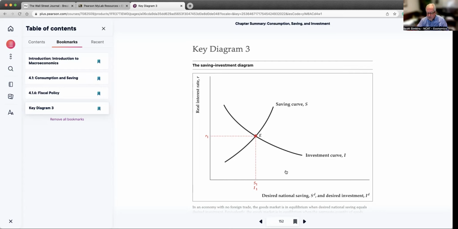And that's the translation from here's something I hear in the news, here's something I hear about economic policy, here's what's happening with the government, or consumers, or the stock market or whatever: how does that influence consumers' behavior? How does that influence firms' behavior? And what impact does that have on the macro economy?